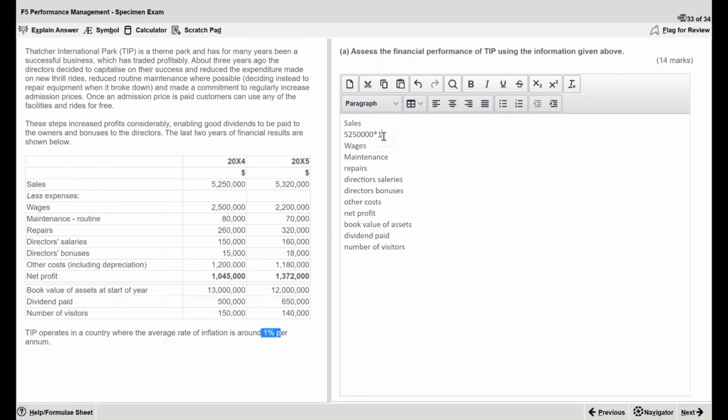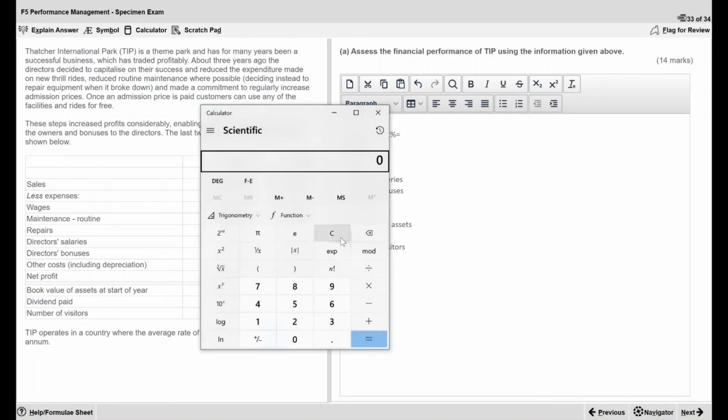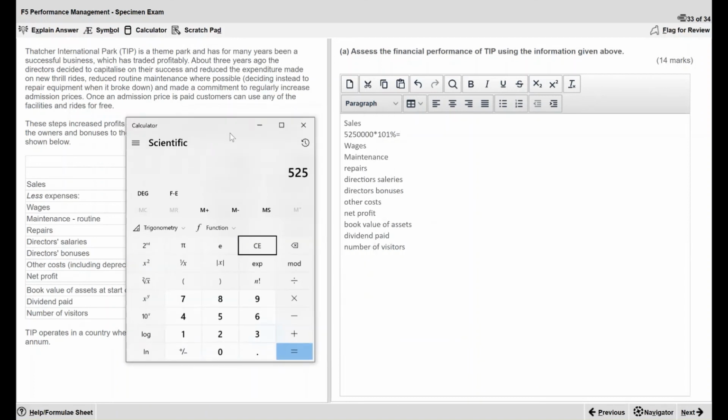If they change because of other than that inflation, then that would mean we have performed well. So if we include inflation with it, which would make it 101%, the amount will go through 5,250,000 multiplied by 101%.